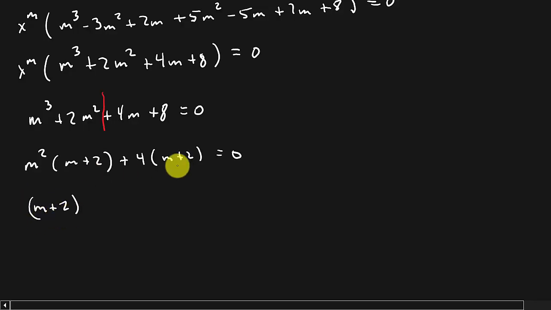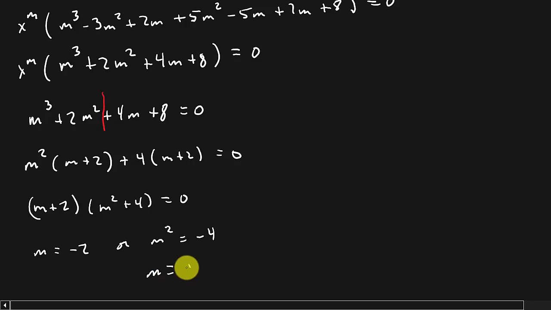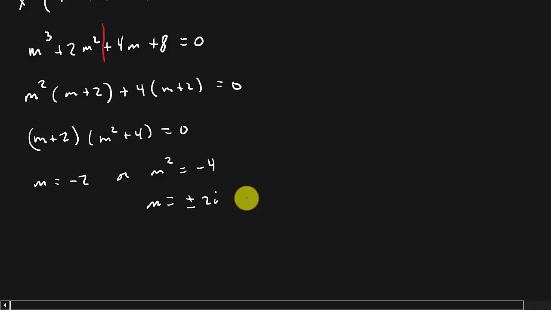I'm factoring out the m plus 2 times m squared plus 4 equals 0. So I get m is equal to negative 2, or m squared is equal to negative 4. So m is plus or minus 2i. Alright, so here I have alpha is equal to 0 and beta is equal to 2.